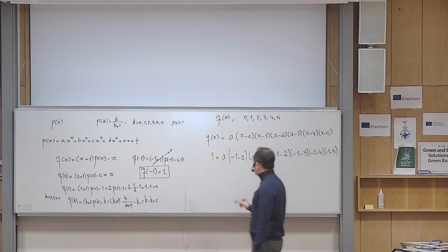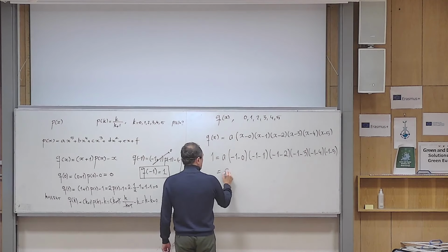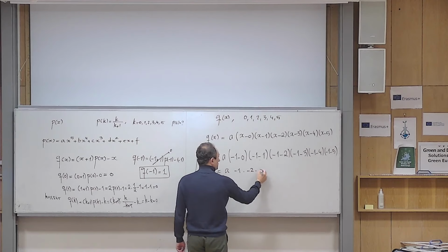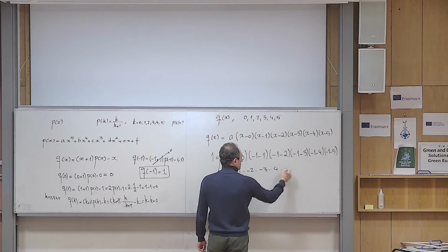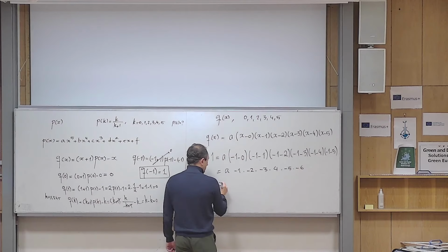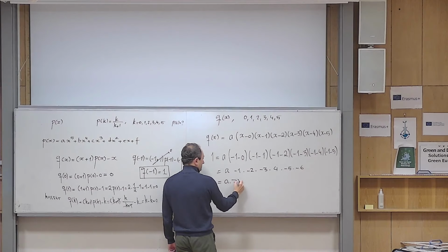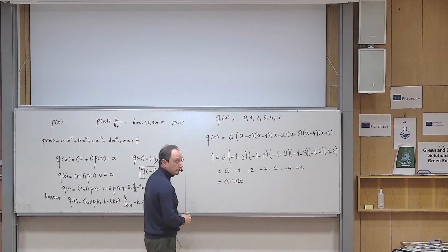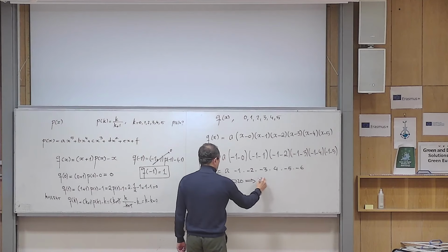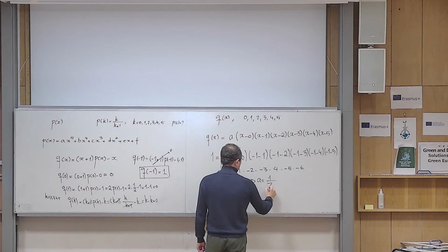Let us do it now. This is just minus 1. This is minus 2. This is minus 3. This is minus 4, minus 5, and minus 6. If you multiply them, it becomes 720. So you calculate a, which is 1 over 720.